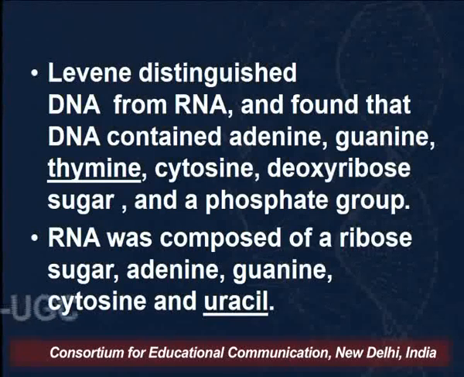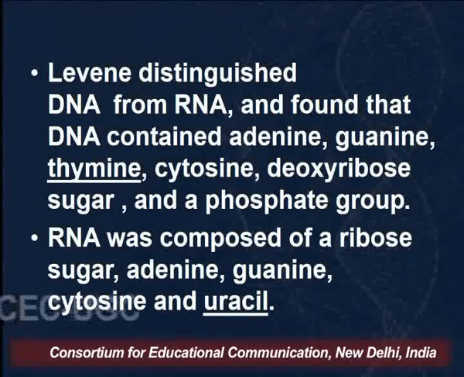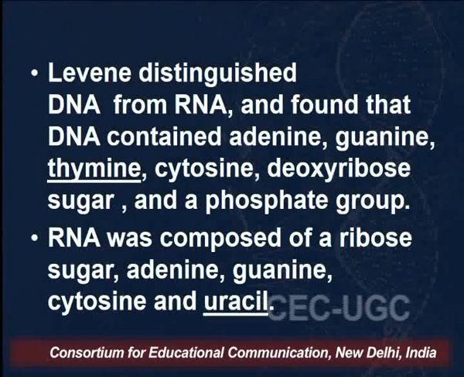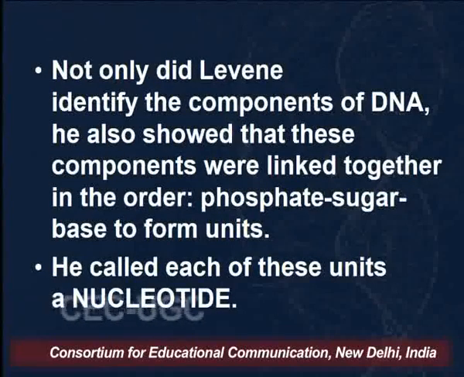RNA was composed of ribose sugar, adenine, guanine, cytosine, and uracil. That means DNA and RNA differed in the sugars and the pyrimidine bases. That is, in DNA it was thymine, whereas in RNA it was uracil.